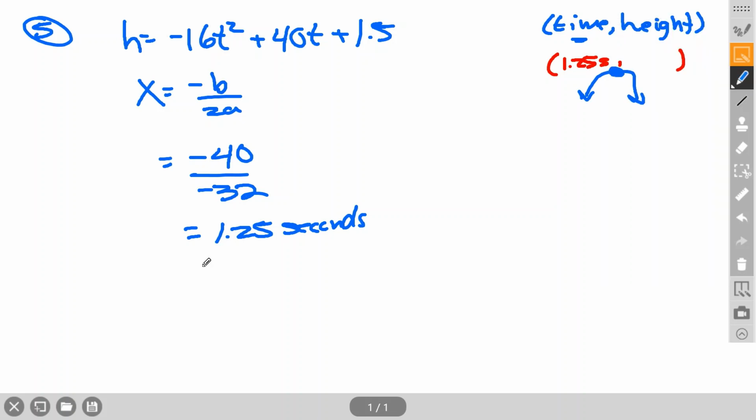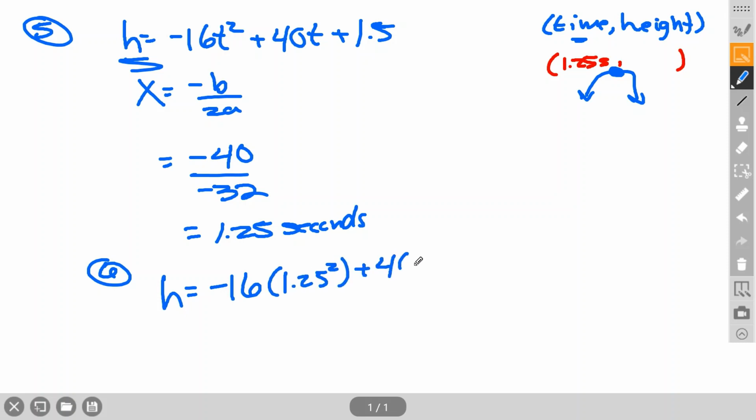Now for number 6, I want to know the maximum height, the h value, so that means I'm going to plug or substitute this 1.25. So negative 16 times 1.25 squared, plus 40 times 1.25 plus 1.5. Alright, so I'm going to simplify this. 1.25 squared times negative 16 is negative 25.